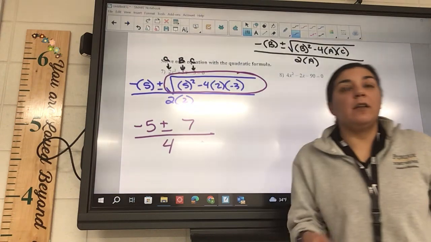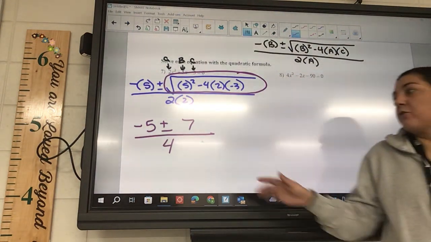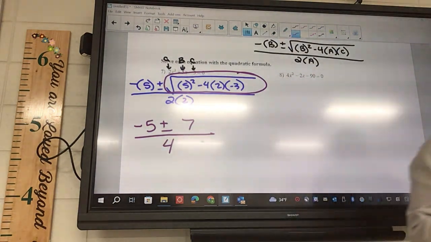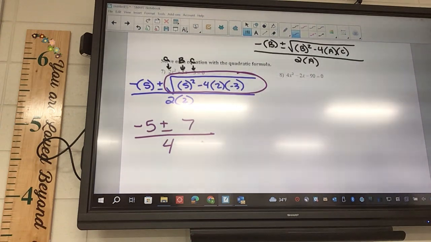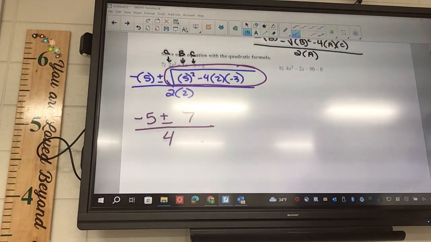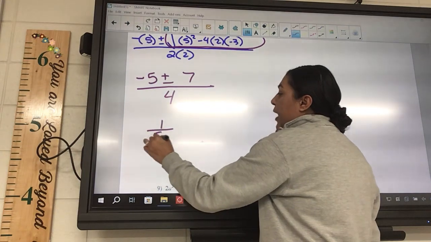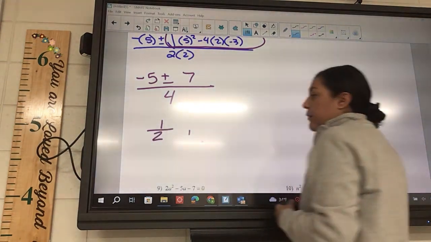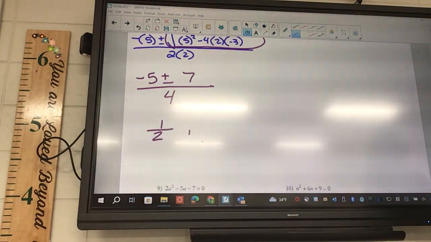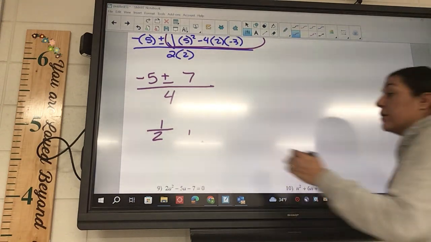We hit our fraction button on our calculator and we type this in twice. The very first one with a plus, the second one with a minus. You guys let me know when you get something. Plus is 1/2. Do we do a fraction or a decimal? Fraction. We definitely gotta do a fraction. I got negative 3 for the minus.